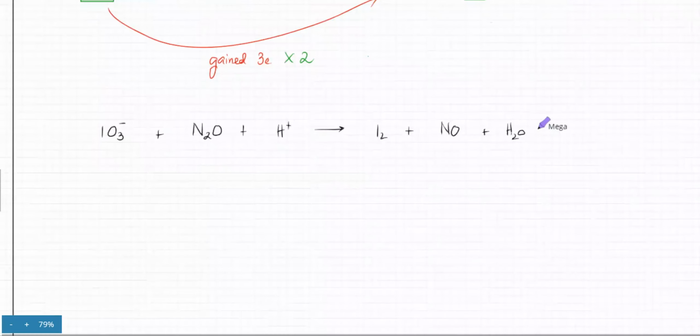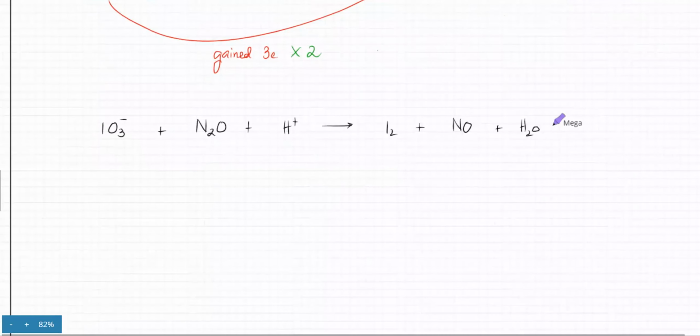So when I copy this equation, send me a snapshot of the balanced equation on the WhatsApp group. I'm going to send you the whole thing. Just one second.